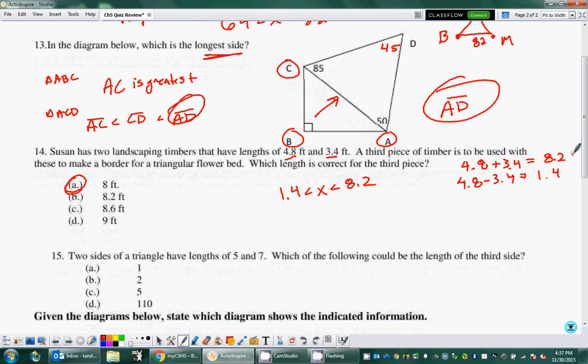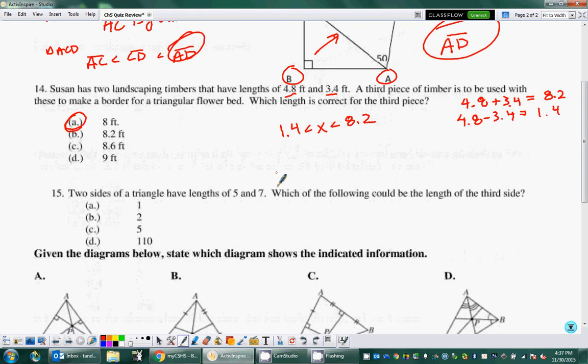Now the altitude also goes through a vertex. The only one that has a right angle and goes through a vertex, in this case it's A, is AF here. And then the last one, the only thing cutting an angle in half, is going to be EC.